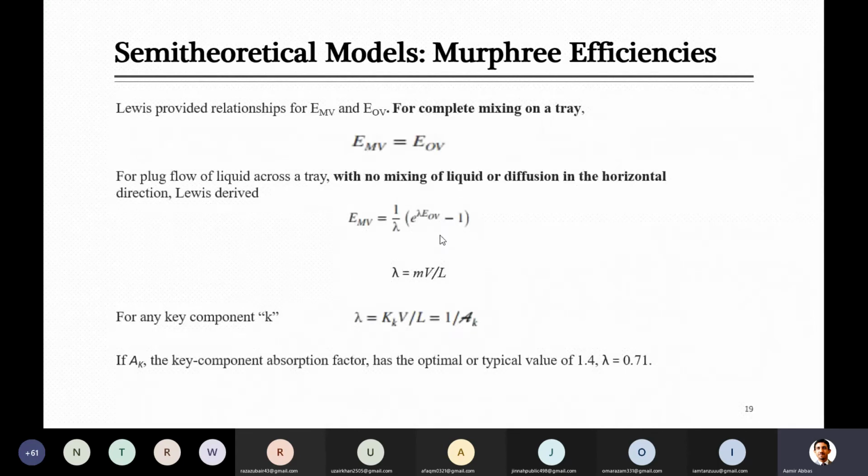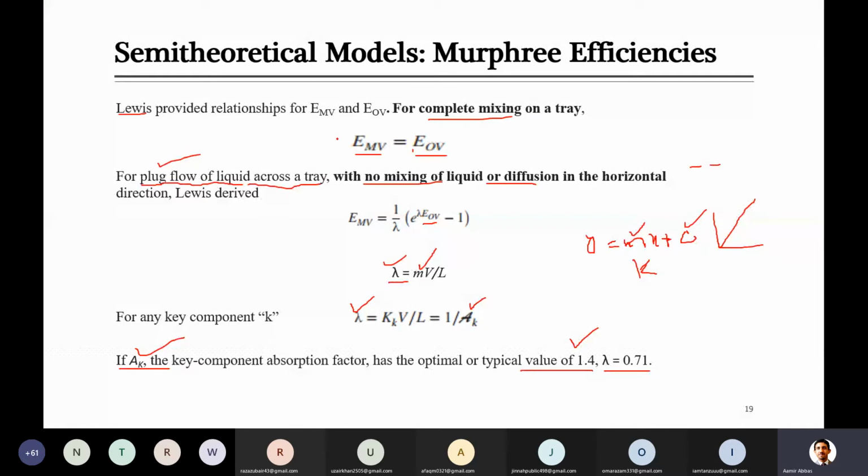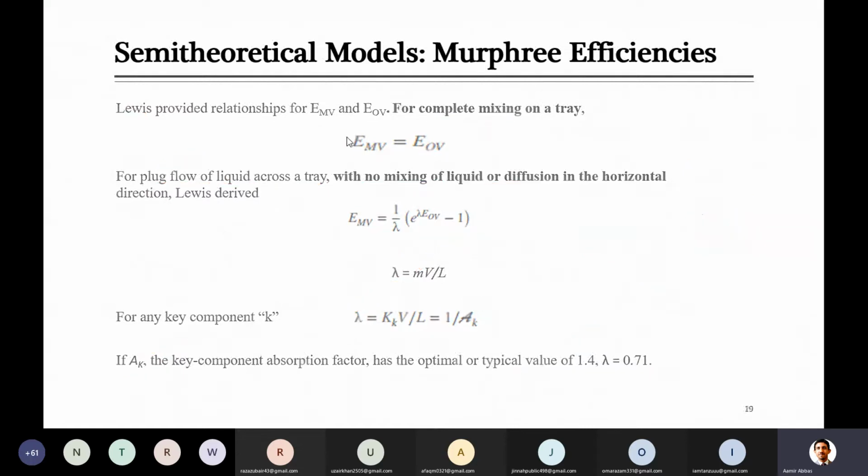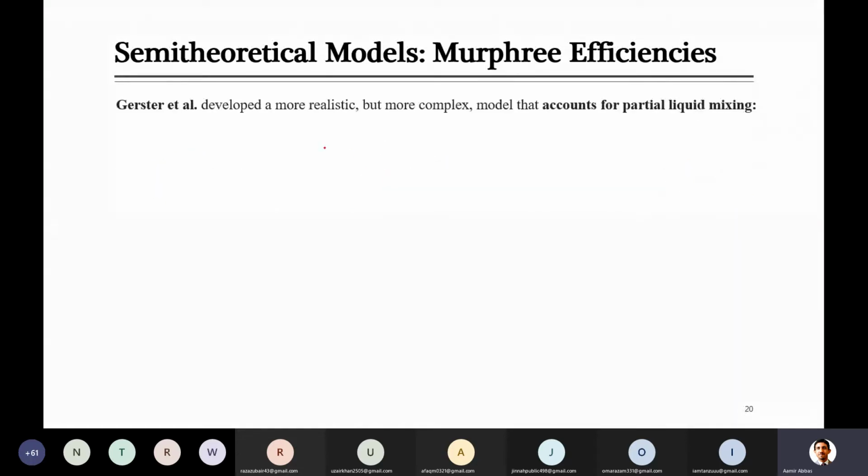So here we have discussed two extremes: one is complete mixing and one is no mixing. But in reality, you usually lie somewhere in between, where there is partial mixing. Some other people worked on those cases because they are more realistic, and they are more complex, because achieving complete mixing is also difficult.